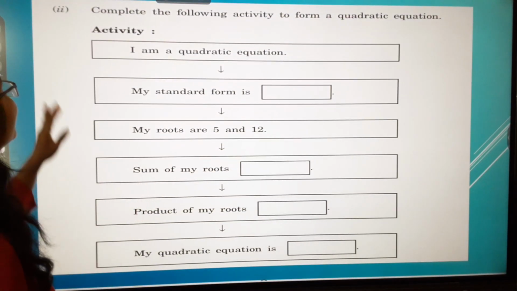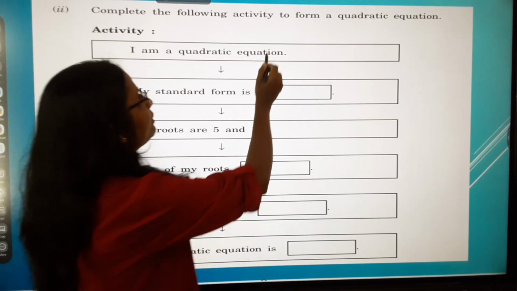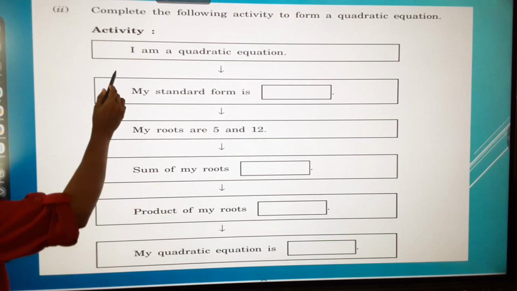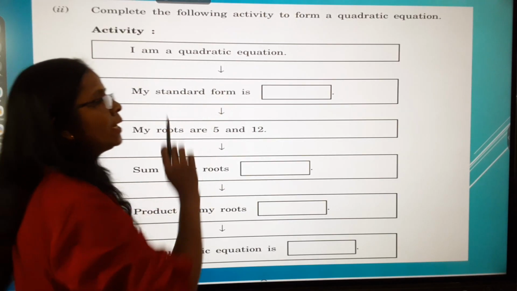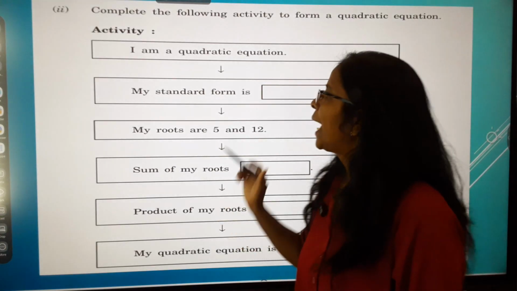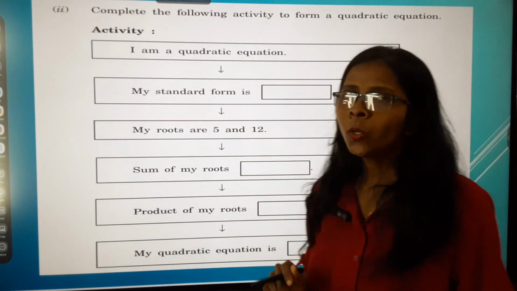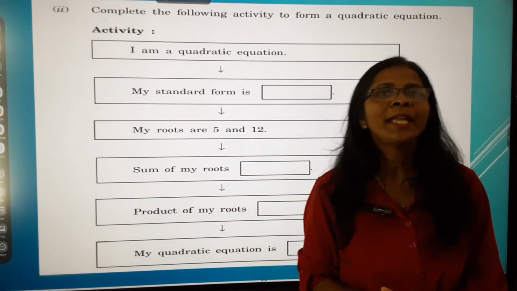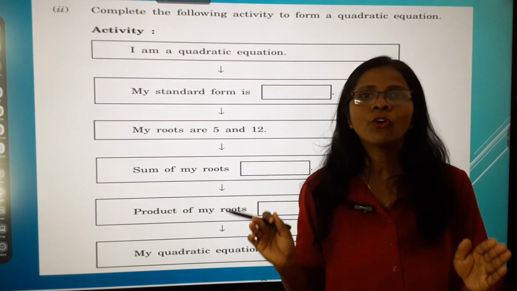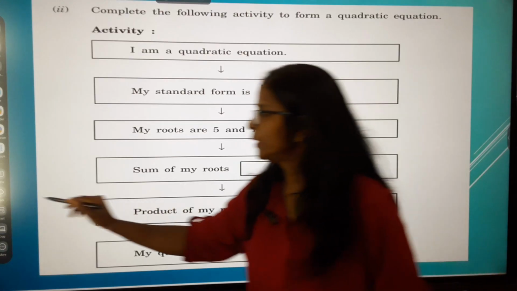The next one students is the second: complete the following activity to form a quadratic equation. Okay, so now here activity, I am a quadratic equation. It says that I am a quadratic equation and my standard form is, okay, quadratic equation, then we have to write the general form of the quadratic equation, or it is also called the standard form of quadratic equation.